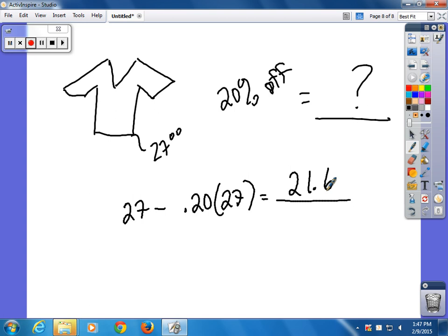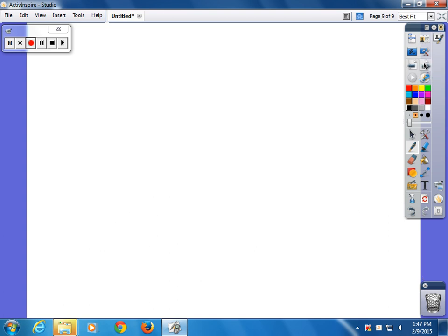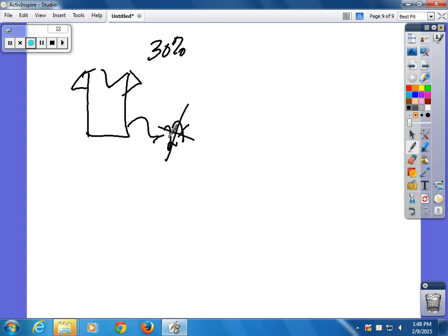You should be able to do that in the store too. You go to Belk's, and there's a blouse on the table that says 30% off, and the tag says $27, but it's marked through, and then it says $15.60. You're going to get 30% off of $15.60. Well, 10% would be 1.56.